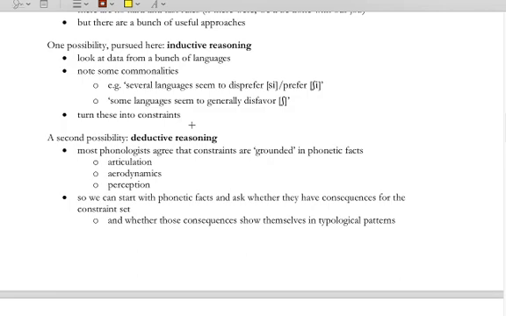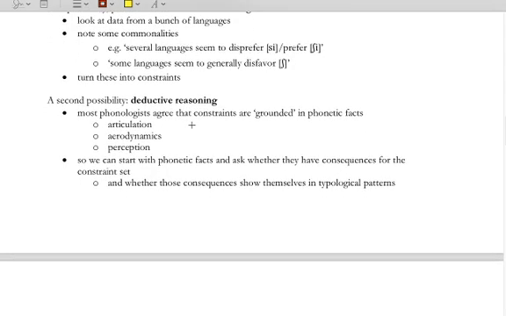So another way to do this would be to start with phonetic facts, general principles of how speech works, and ask whether they have some consequences for the constraint set or for the typological patterns themselves. For specific languages, this is starting from the general and inferring things about specific cases based on general principles. And these are both important.